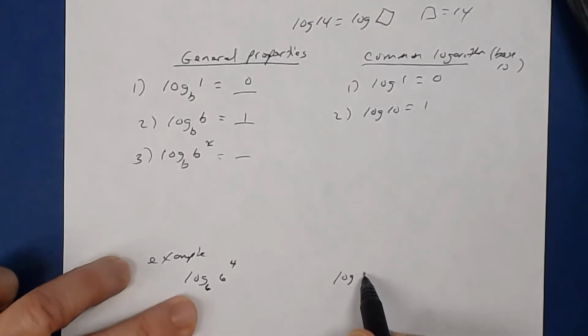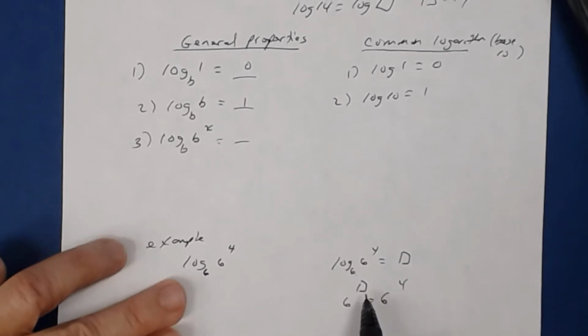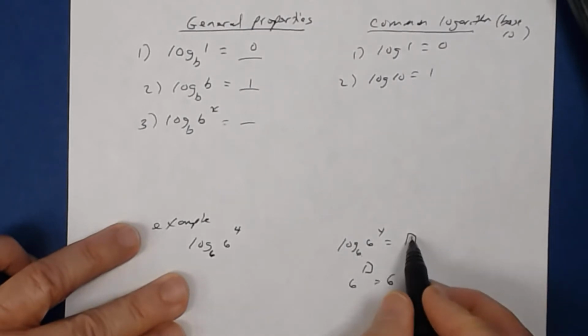So log of 6 to the fourth power base 6 equals box. Let's change this log equation to exponential: 6 to the box equals the argument 6 to the fourth. Well, since the bases are the same, what must this box equal? If I want these two sides to be equal, and this is 6 to the fourth, then this must be 6 to the fourth. So box must be 4.